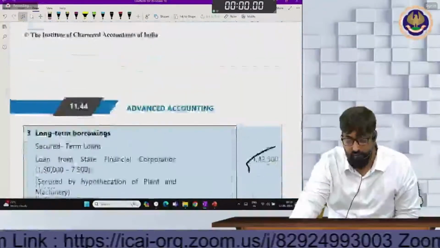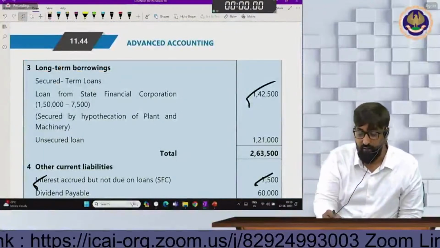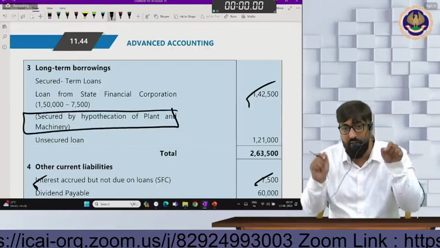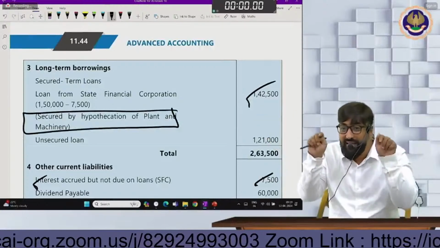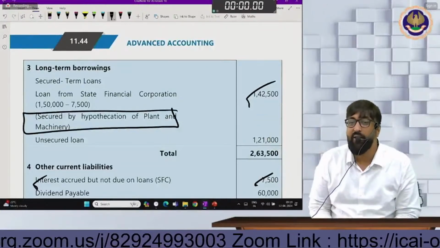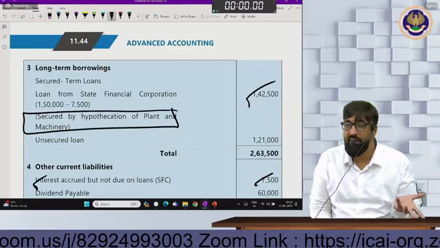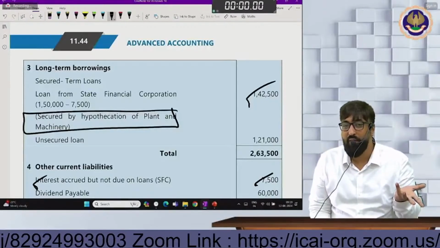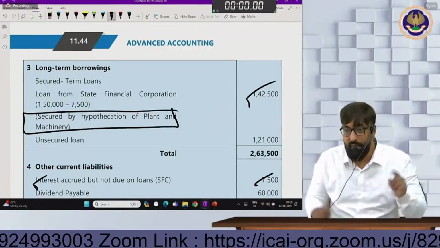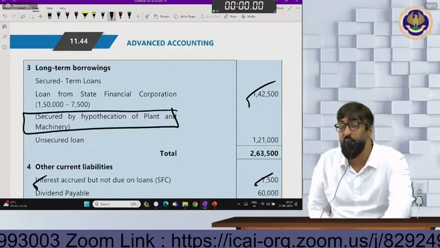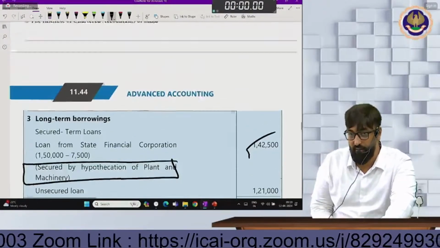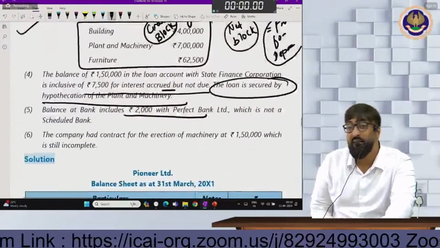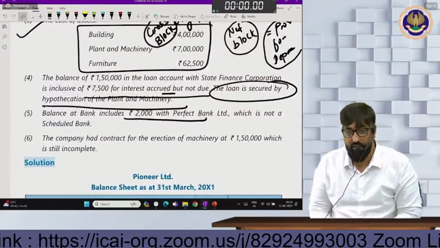In plant and machinery, long-term borrowing, we will write the only note. This will carry 1 mark, secured by hypothecation of plant and machinery. Just writing this one note will give you half mark. Okay, so we expect from you that you are going to write this note, secured by hypothecation. So long-term loan, you have to just write it is secured by hypothecation. Got the concept?